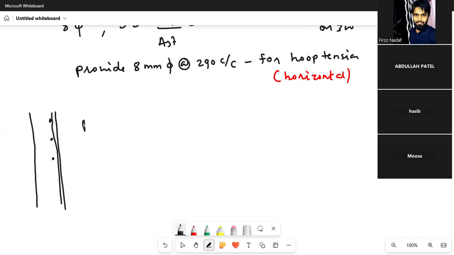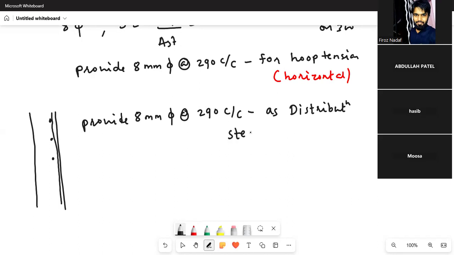Directly you can write: provide 8 mm bar at the rate 290 mm center to center as distribution steel in the vertical direction.